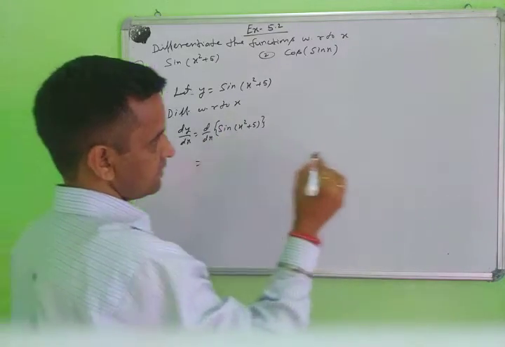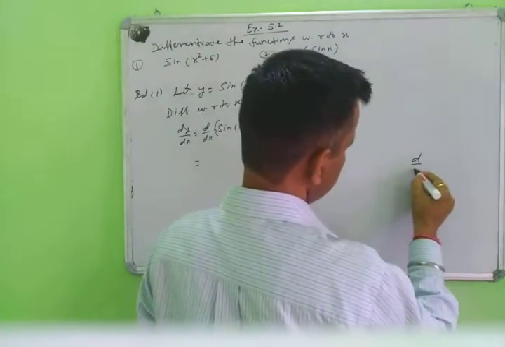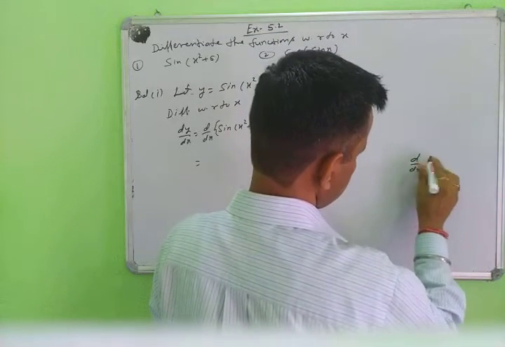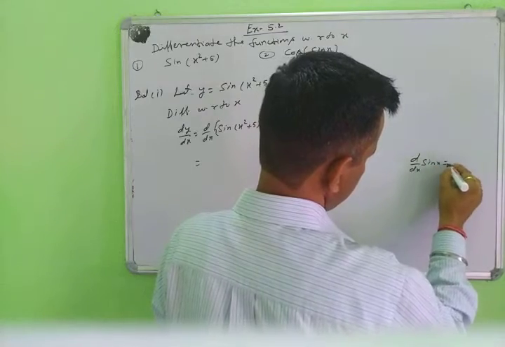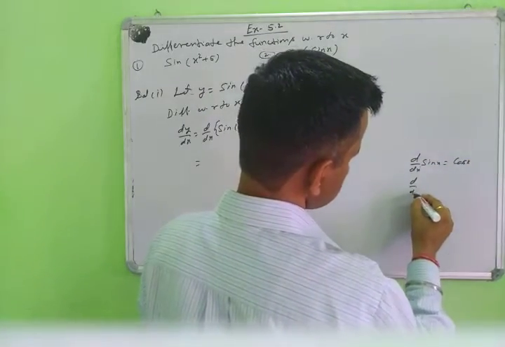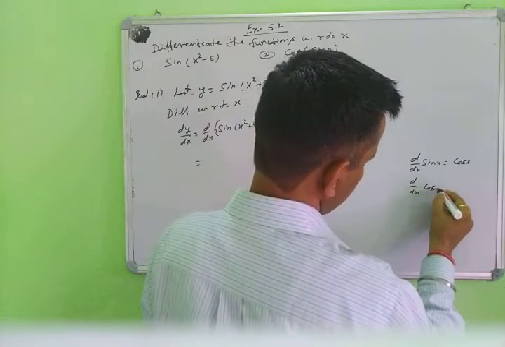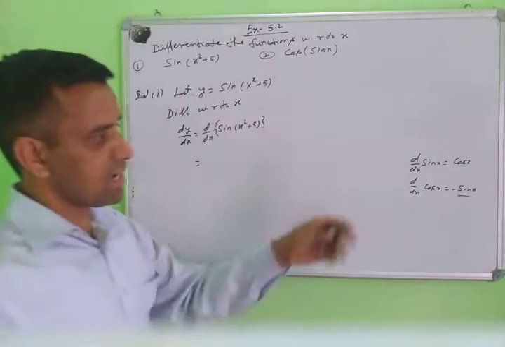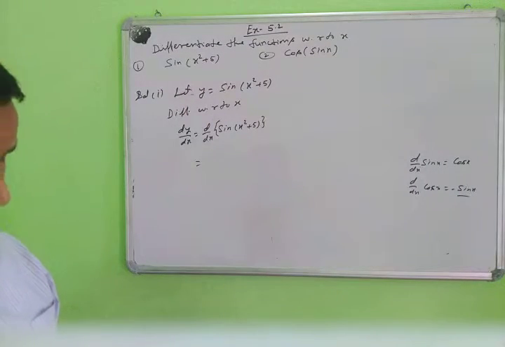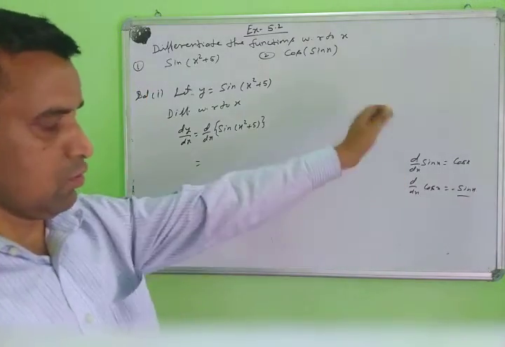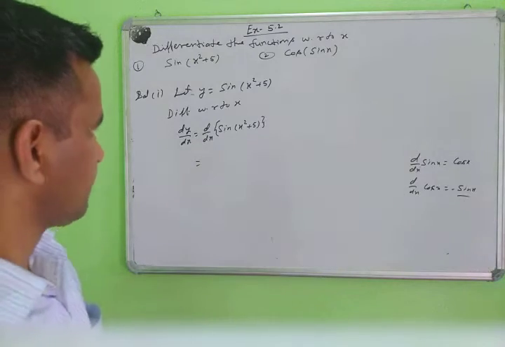First, the identity: d over dx of sin x equals cos x, and d over dx of cos x equals minus sin x. This is the differentiation identity of sin x and cos x. I will send all identities in your homework assignment and URL.